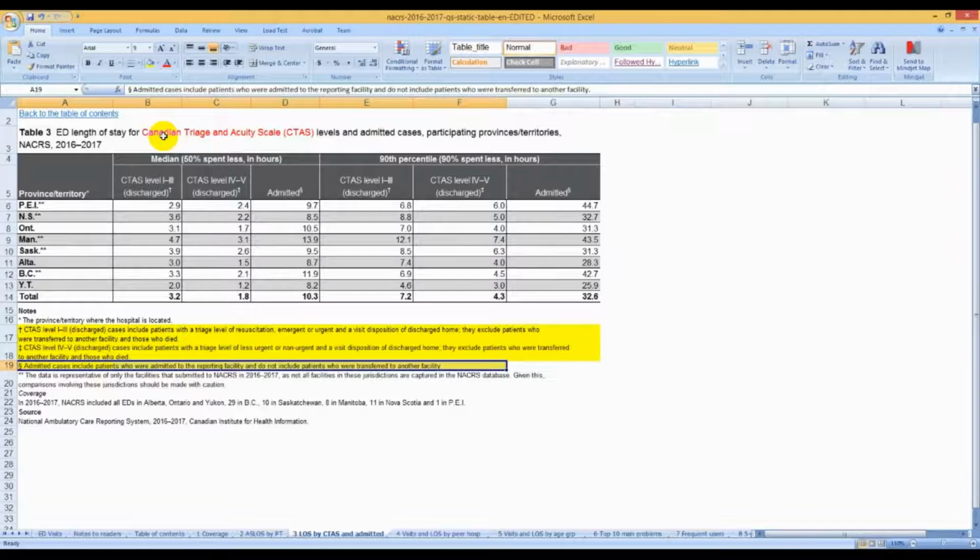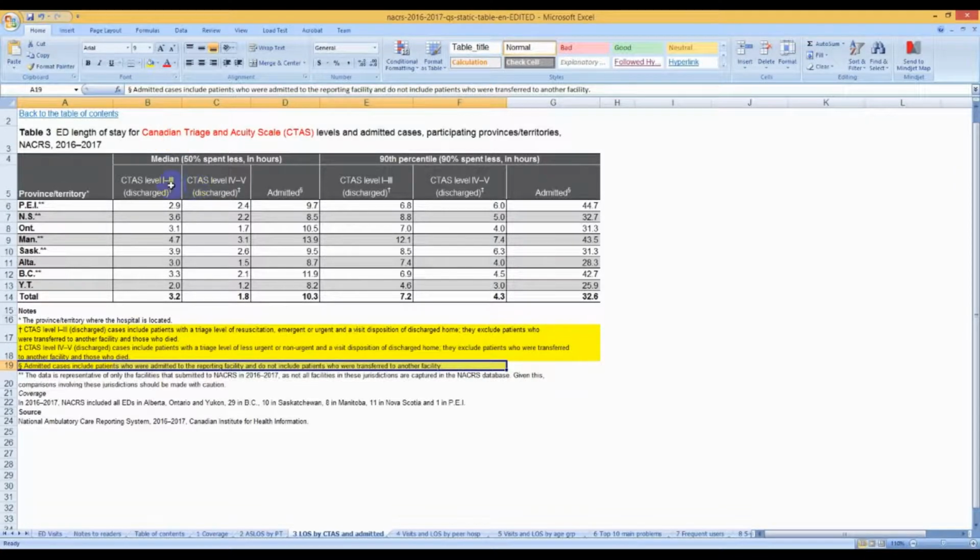The ED LOS is not losing something, but it's called length of stay. So you understand the short terms. In the future, you will see a lot of these repeated short terms in a lot of Canadian healthcare documents, so you understand what they mean.